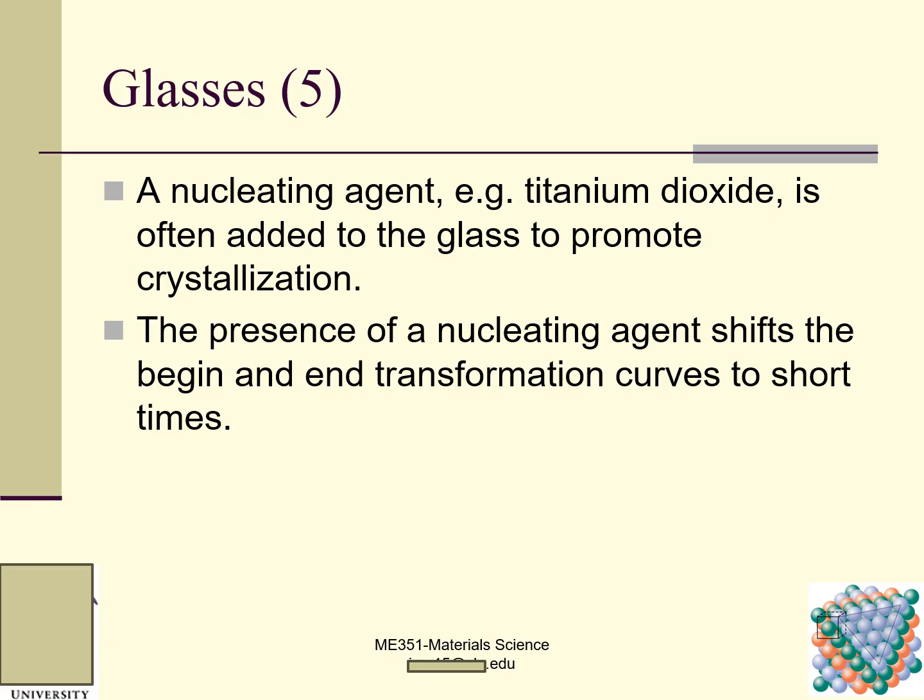So that is the function of the nucleating agent. You should know that. I will not ask you to memorize, but you should know the purpose of using a nucleating agent. As the name suggests, it promotes nucleation. As a result, it can facilitate the crystallization. Any questions regarding this slide?